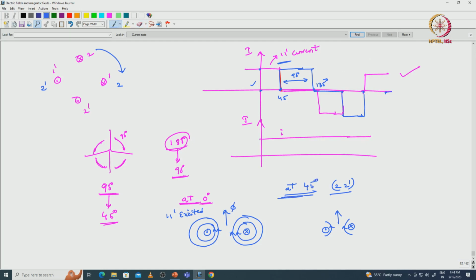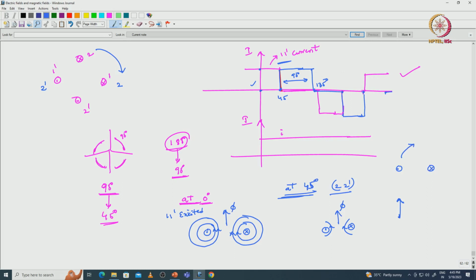At 45 degrees we are seeing the same kind of flux, resultant flux vector. Okay. 0 to 45, where is the resultant flux vector? It is from this point to the 1 dash conductor in this manner. So, it is rotating, right. Okay.